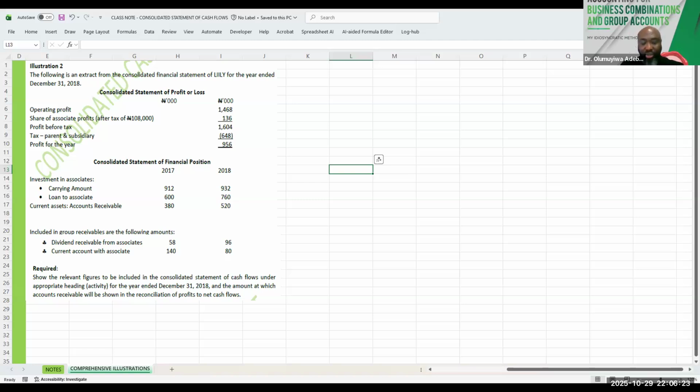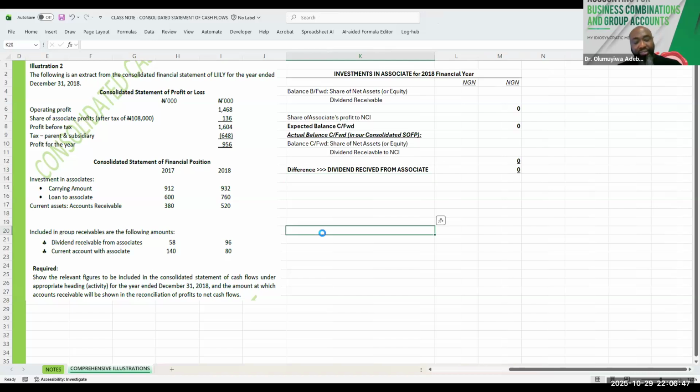I've tried to copy the template so that I don't waste more time in building the template again. Now, you can see my screen.